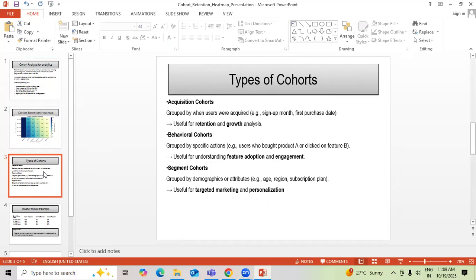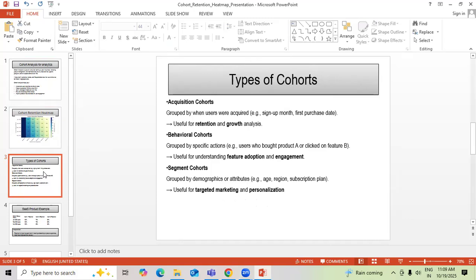Next, behavior cohorts, which are grouped by specific actions, for example users who want to buy a product or use a certain feature. If you want to understand feature adoption or engagement, behavior cohorts are used.